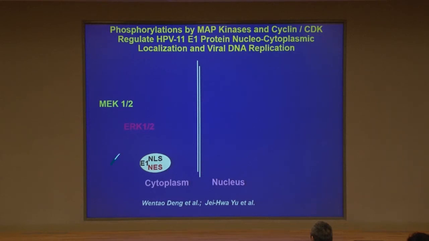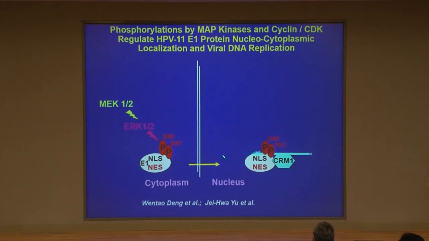So this is the model, E1 in the cytoplasm, default pattern. And when the cells are in the right condition, MEK1/2 activates ERK1 or 2, which then phosphorylate the serines, and E1 goes into the nucleus.